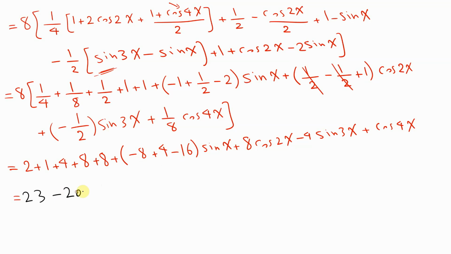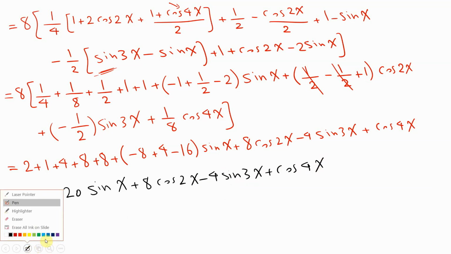Negative 20 sinusoid of x. And all of the rest is just the same: 8 cosine of 2x minus 4 sinusoid of 3x plus cosine of 4x.